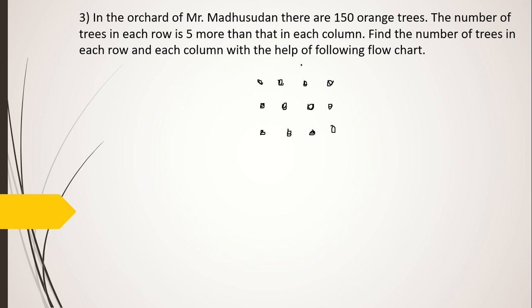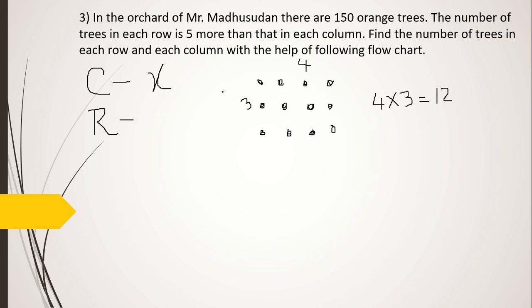Then total, how many trees are there? 4 into 3 is 12. You can count the dots and find out they are 12, right? So this is how we get the answer by multiplying. So similarly, if we assume that in the column there are x trees, then how many will be in the row?